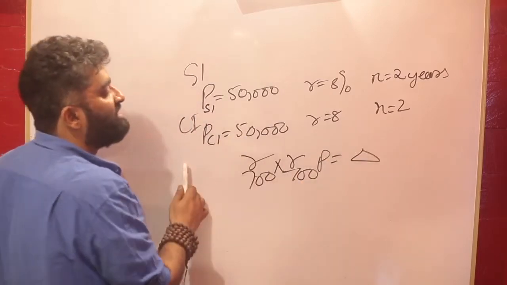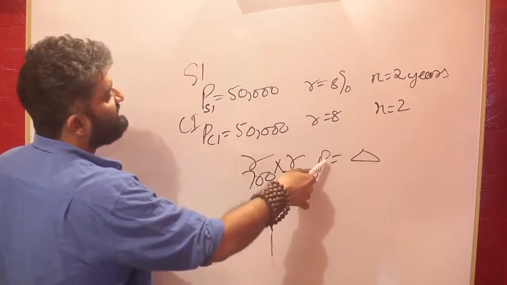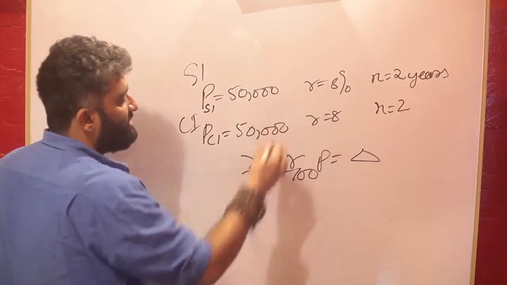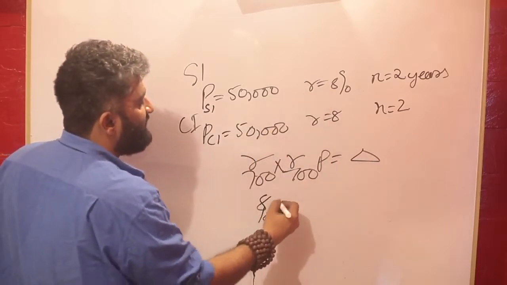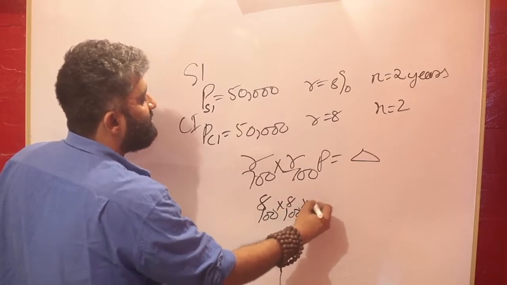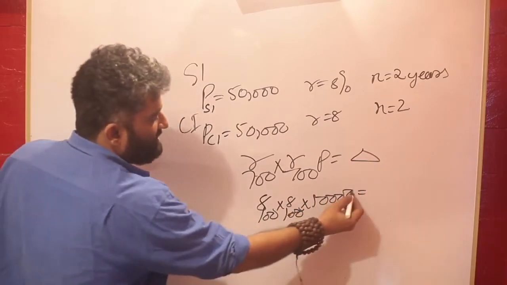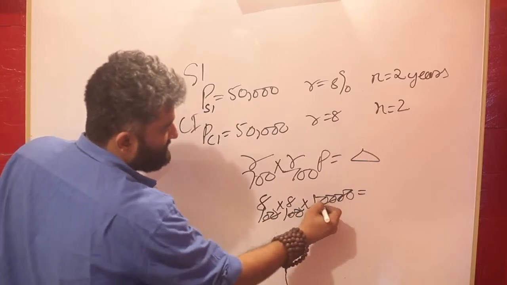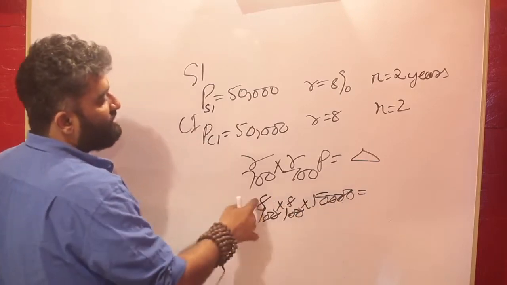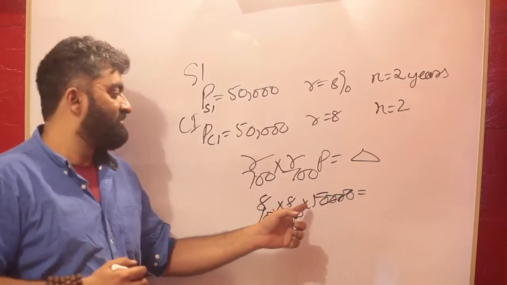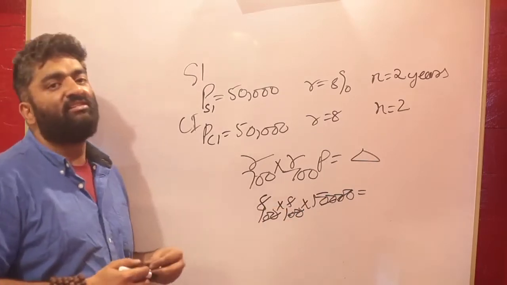This is what we learned from the previous example, right? So I know this P is 50,000, R is 8. So you get 8 by 100 into 8 by 100 into 50,000 is your answer, right? So this 100 takes out this 100 takes out this. 5 into 8 into 8 is your answer. 8 5s are 40 and 40 into 8, 320.